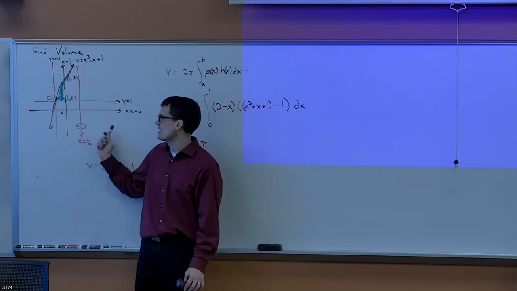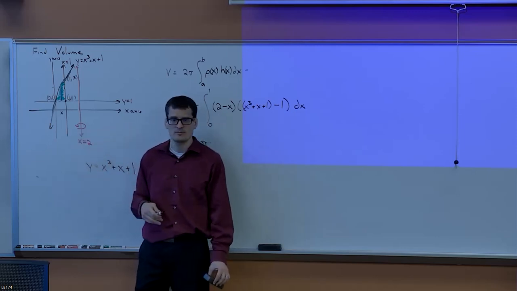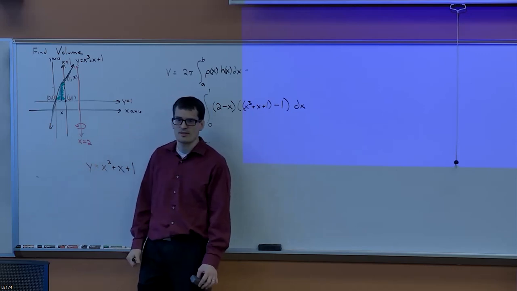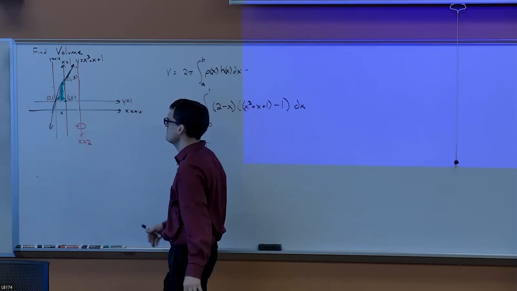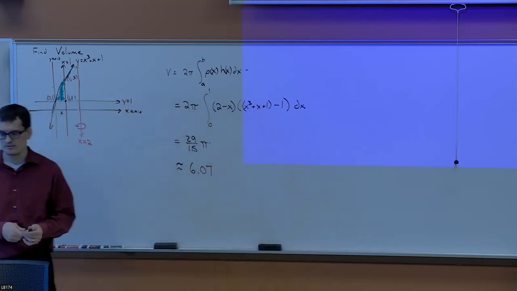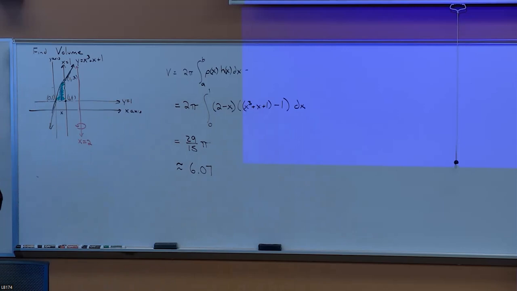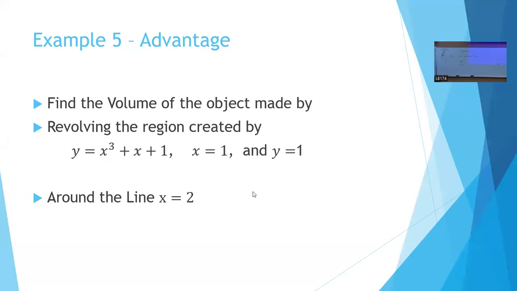So if you rotated this around a horizontal line, you'd want to use the disk method probably, so you don't have to solve this for x. But here we rotate around vertical, so we wanted to use the shell method, so we didn't have to solve for x. Right? And like I said, that's the advantage of having both methods. Sometimes disk method is nicer, sometimes shell method is nicer.